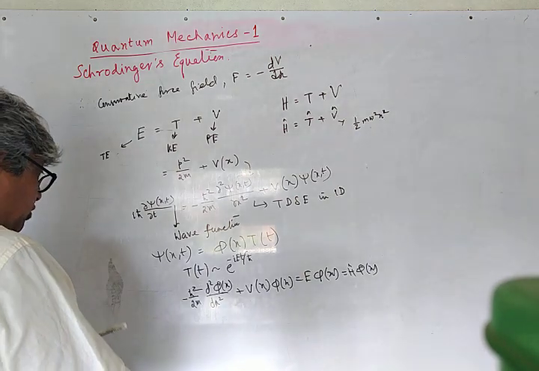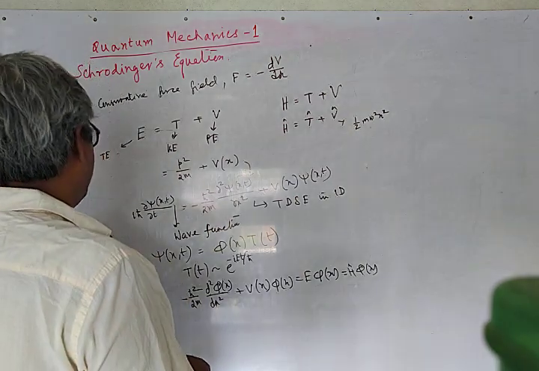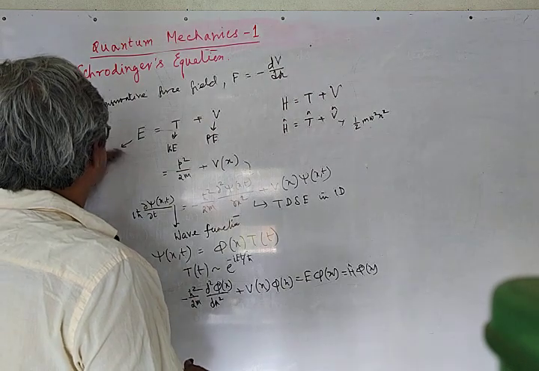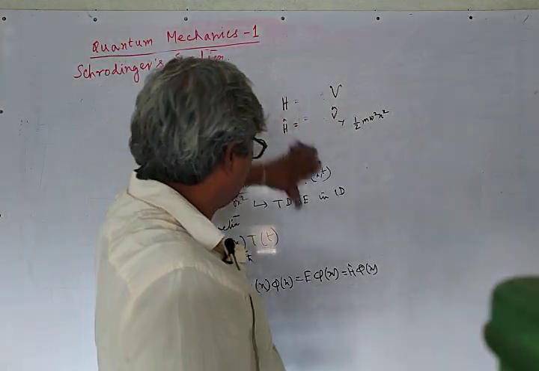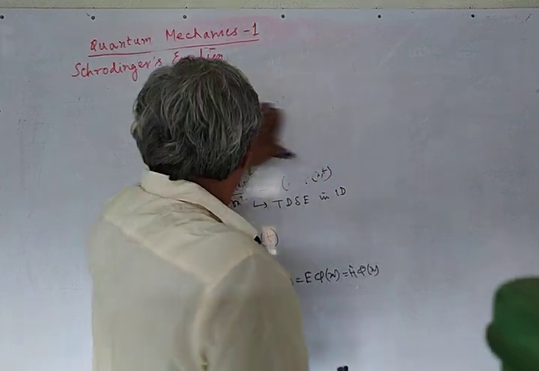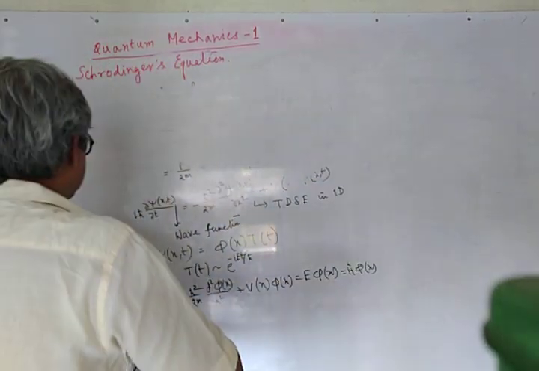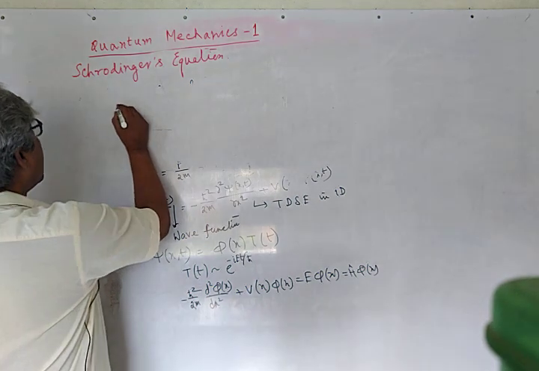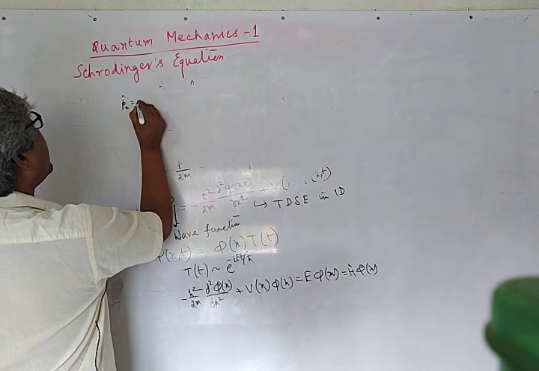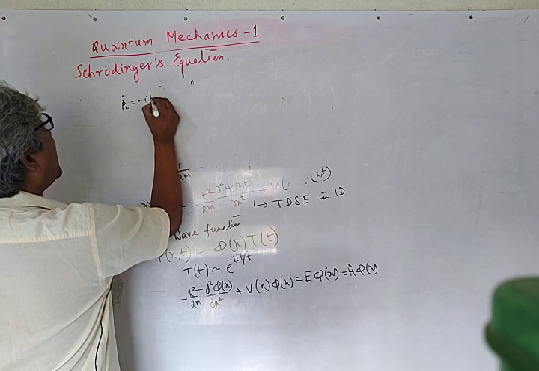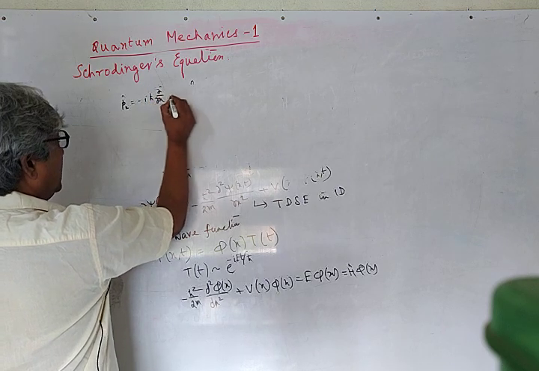Now come to the 3D case. In 3D, let us consider the system represented by Cartesian coordinates. So there are three directions, x, y, z, and the operator corresponding to x momentum is now minus iħ ∂/∂x.